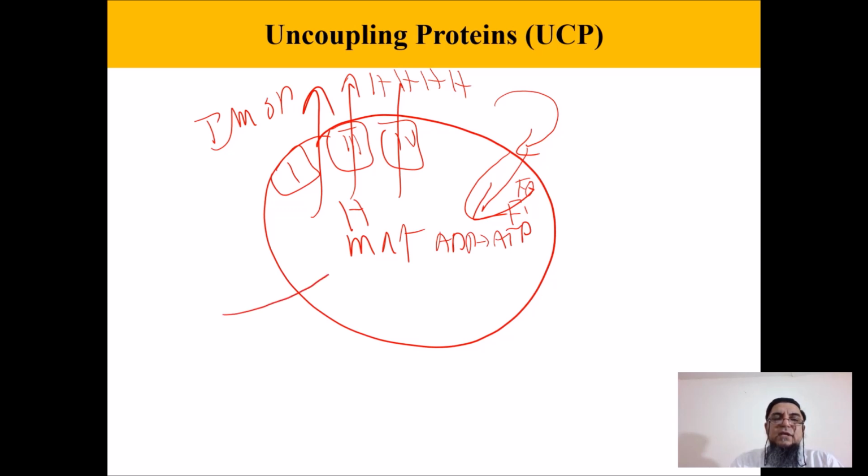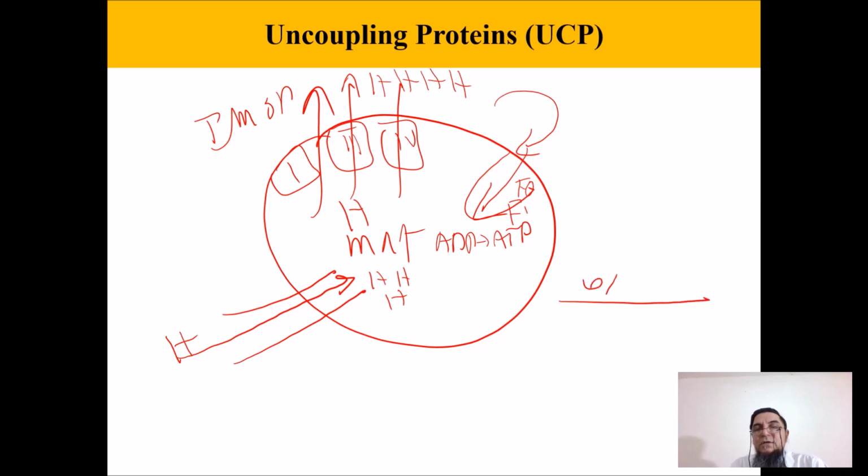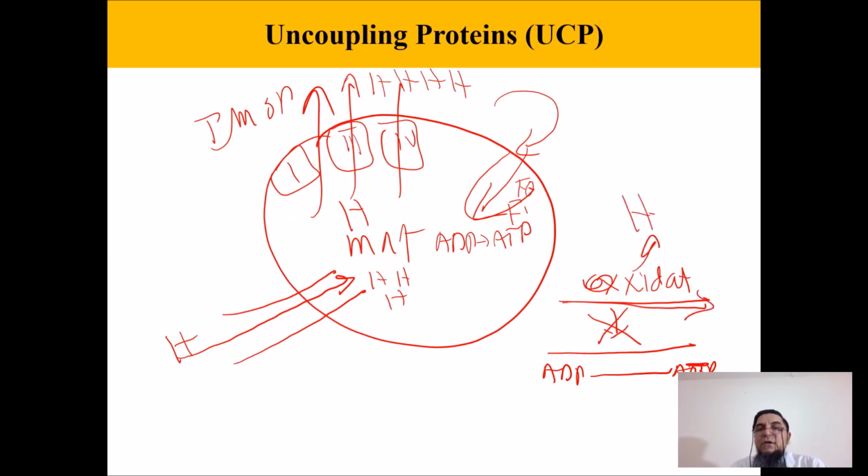But if there is an abnormal protein which allows the entrance of hydrogen from other sides, this gradient will not be maintained and phosphorylation will not take place, because oxidation is a coupled mechanism with phosphorylation, ADP to ATP. So if uncouplers are there, there will be only oxidation, which will produce energy in the form of heat, and then the body temperature will increase.